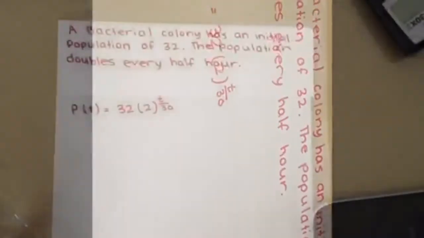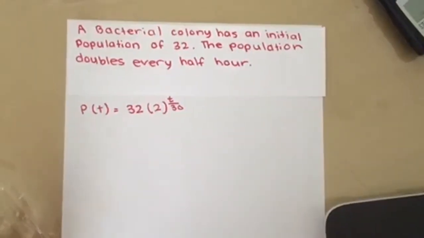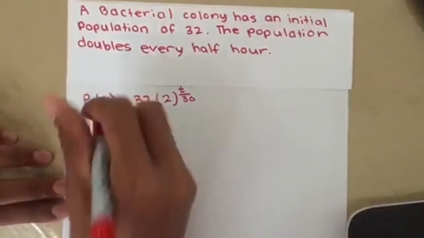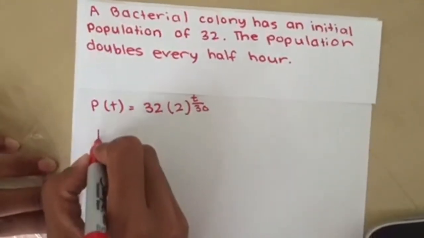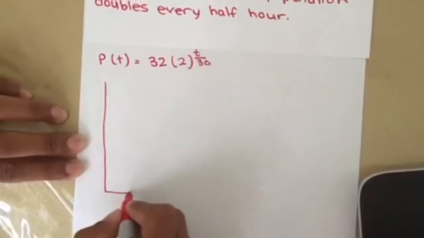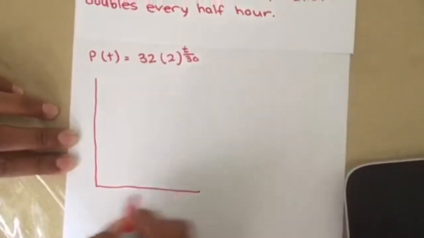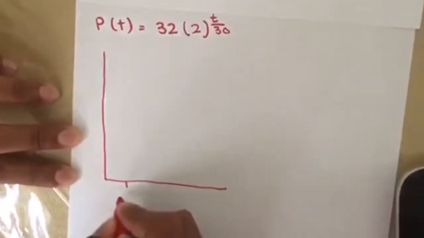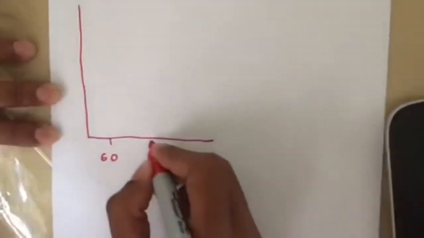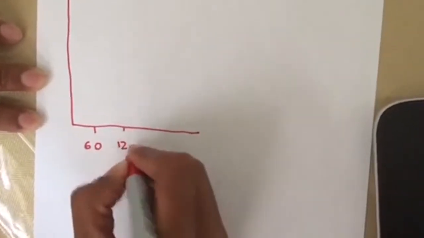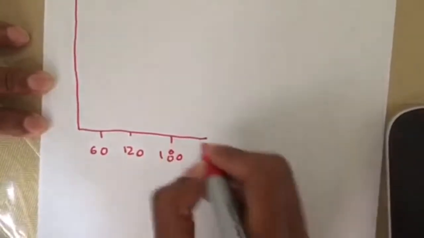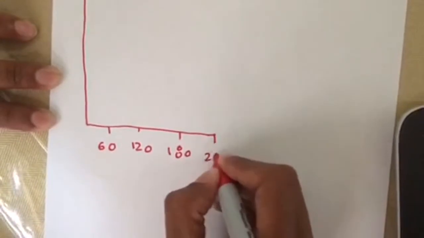Next, we're going to have to sketch a graph of this relationship for 2 hours. So we're going to make our graph here. Down here we're going to go by 60 minutes: 60, 120, 180, and 240.